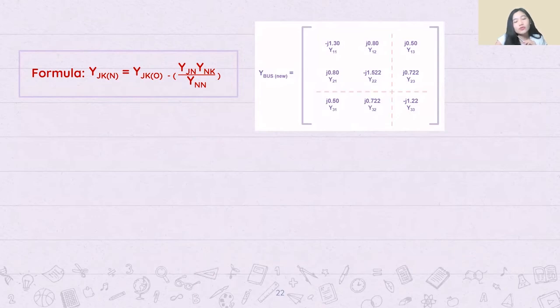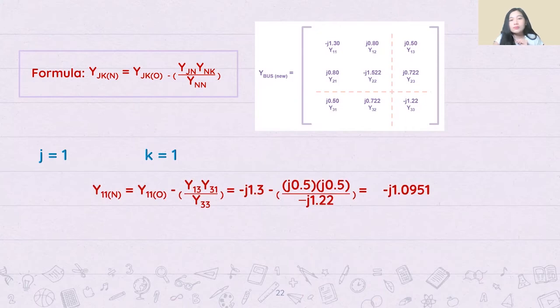Okay, let us start off, of course, with our y sub 1,1. Our new value for y sub 1,1. So j and k are 1 because we are solving for y sub 1,1, the first row and first column. We already know the formula, so I will go straight in. Y sub 1,1 old minus y sub 1,3 times y sub 3,1 all over y sub 3,3. Now, our constant is y sub 3,3, because we only have 3 buses left.